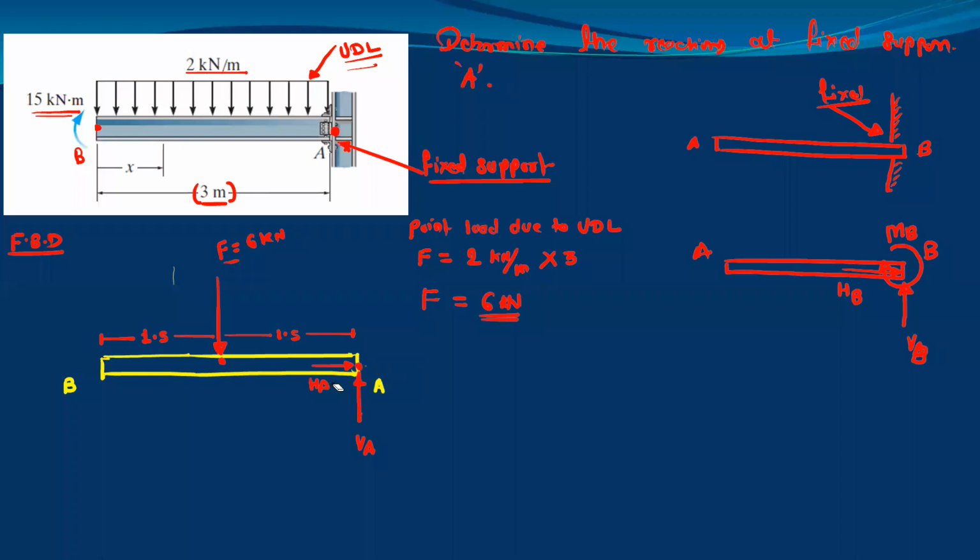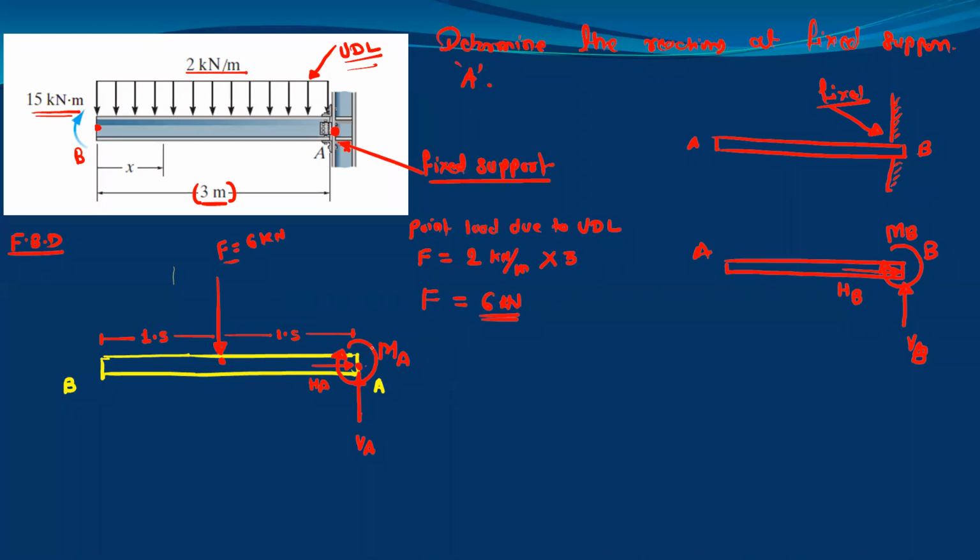I will consider HA on the positive side only. Then we have to show the moment at point A, which is called the moment reaction. I will show it like this. This is the moment at A. So always remember, for the fixed support we have three reactions: VA, HA and the moment reaction.